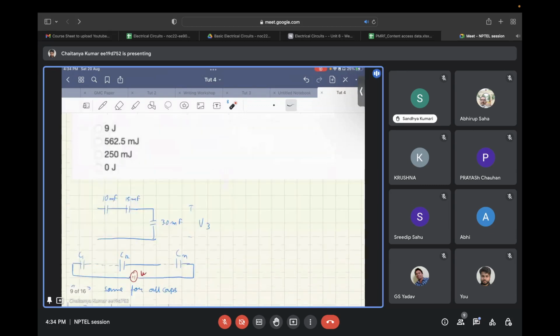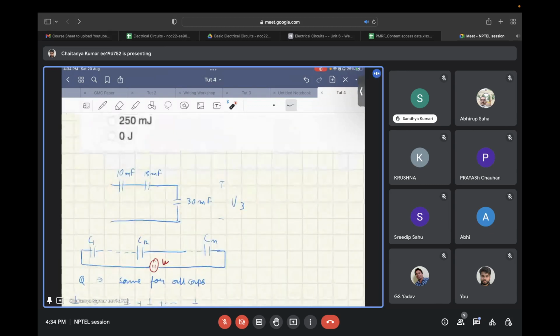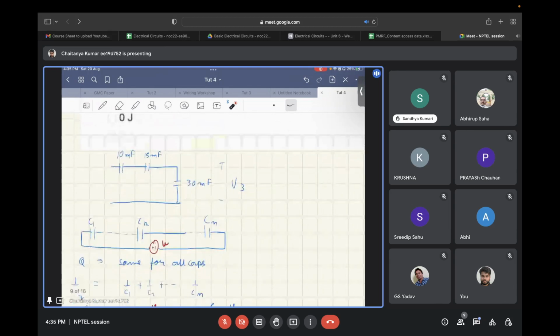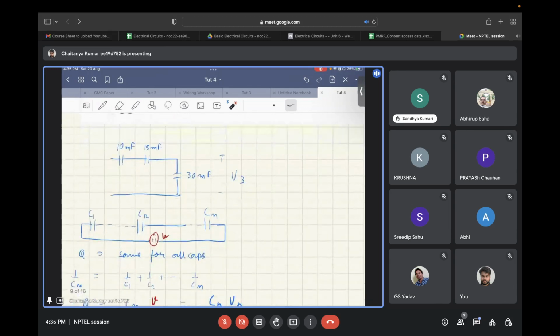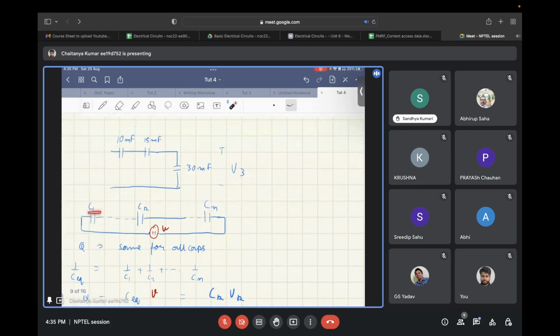Now, let's see. In this case, we have three capacitors in series, and we need to find the voltage across one of the capacitors. So let's see the general case, how we can find it if we have multiple capacitors in series. Sorry, I meant series in the starting also.